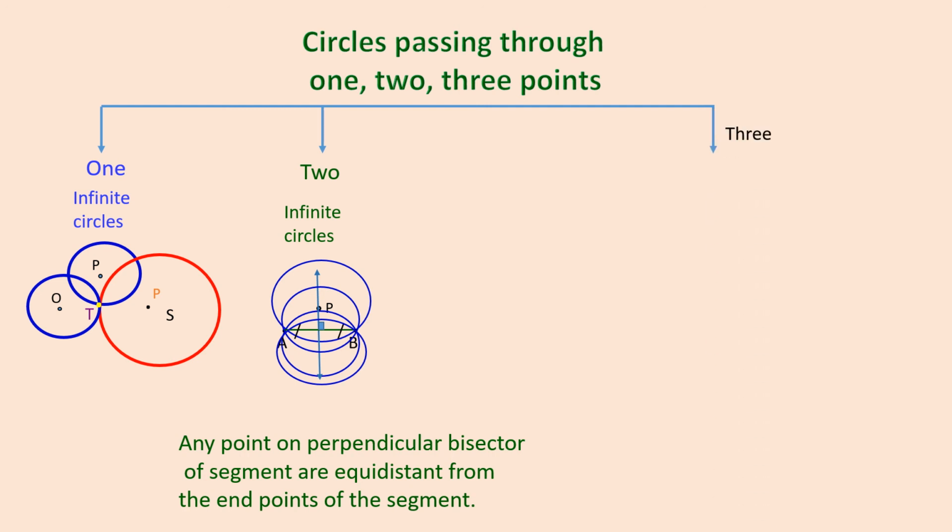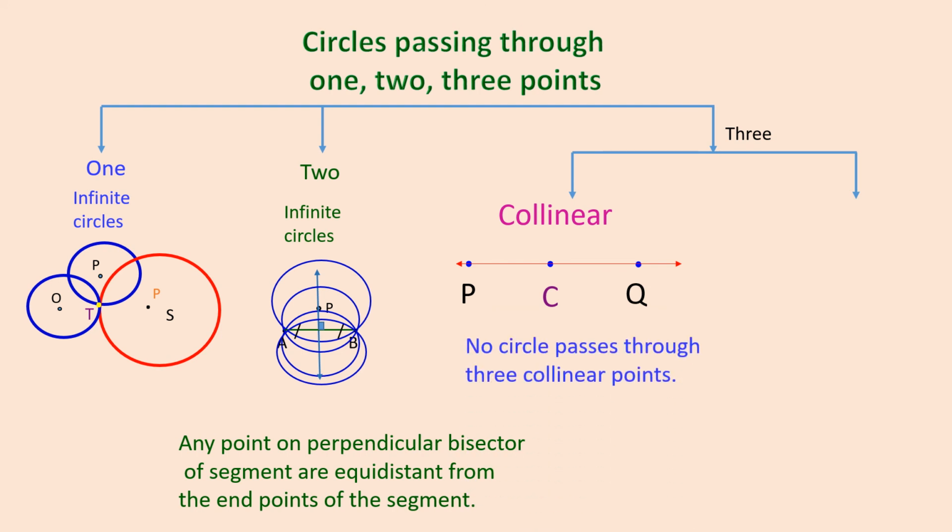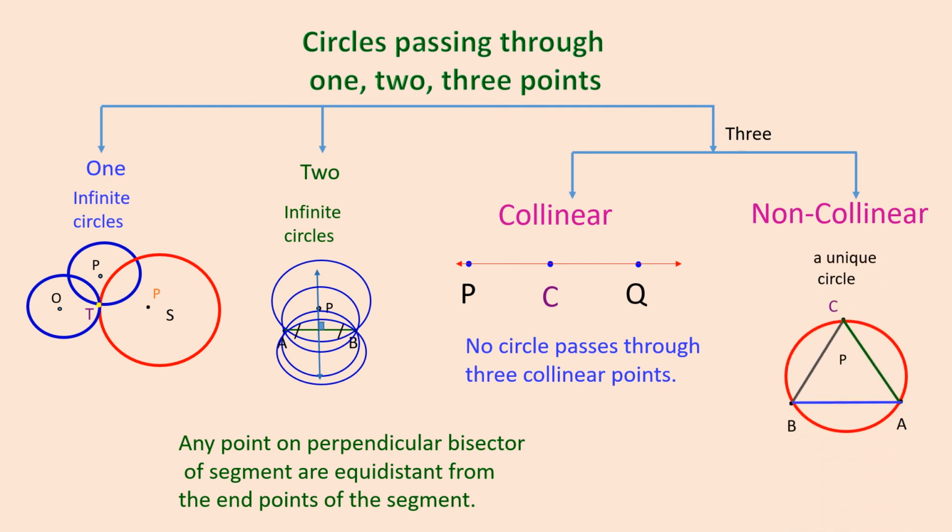Then we have taken three points and classified them into collinear points and non-collinear points. With three collinear points, no circle passes through them, and with three non-collinear points, a unique circle passes through them.